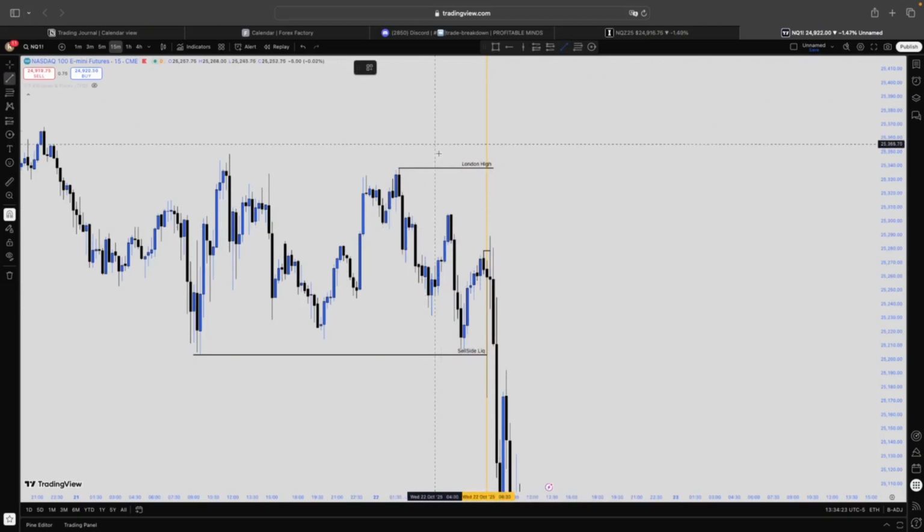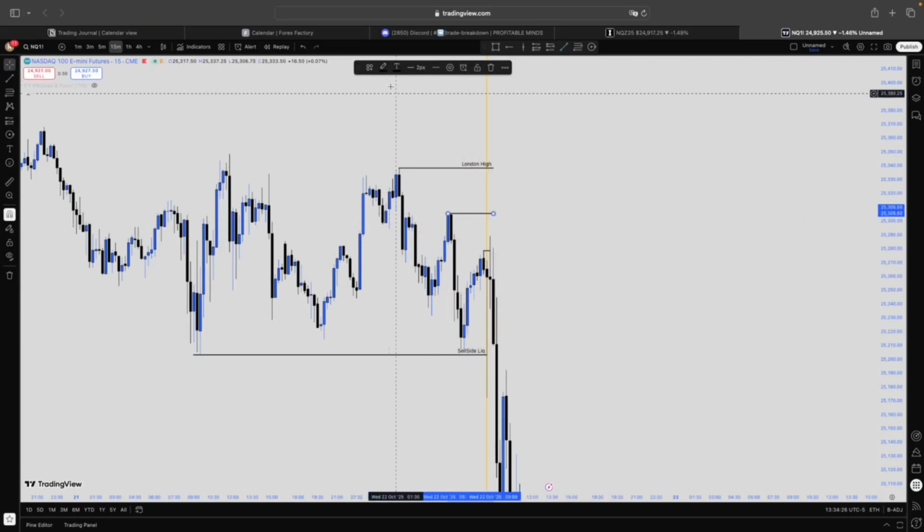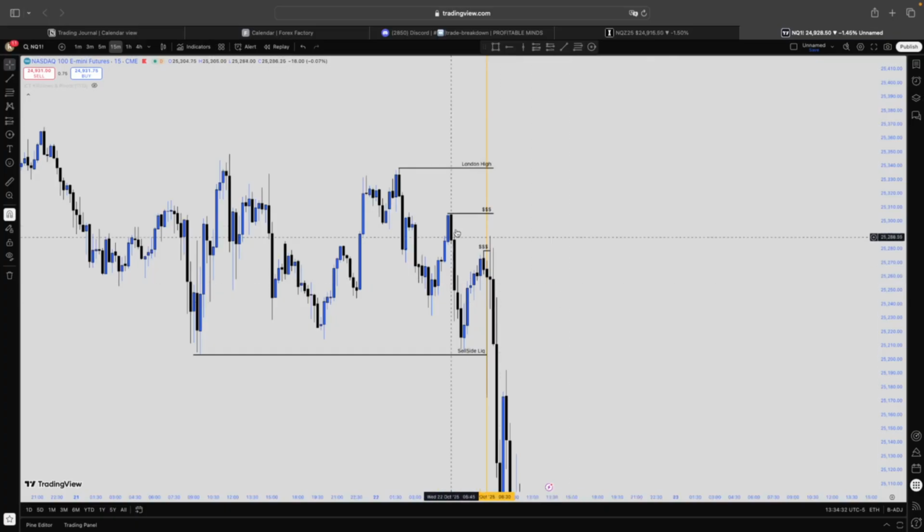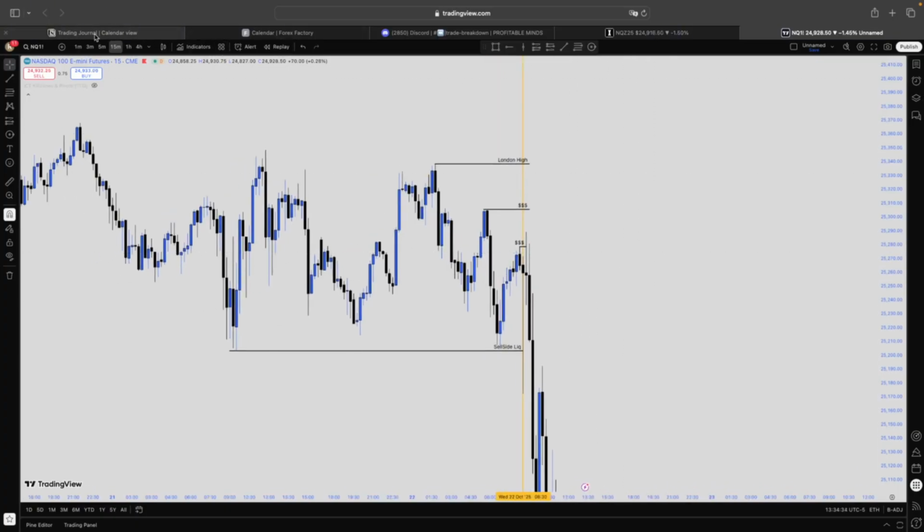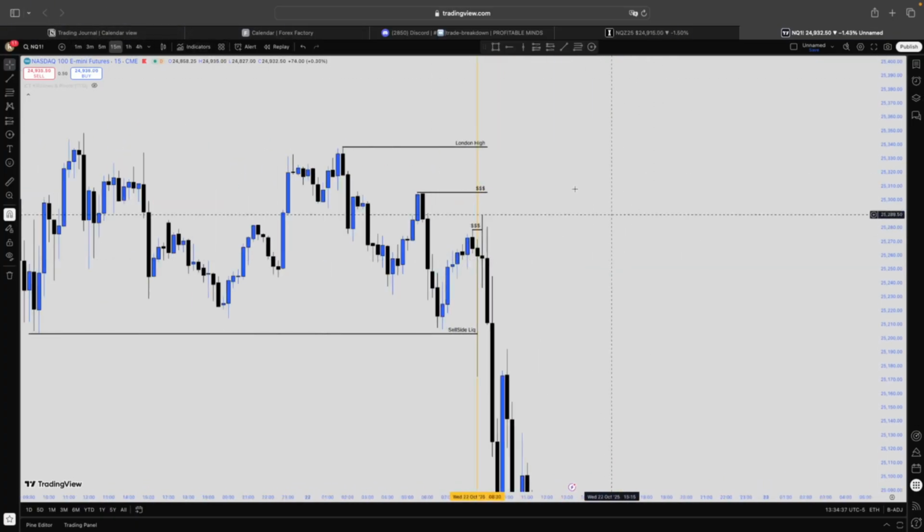That's why London high is my main target, but we have this internal right here, and this internal right here. So these are all internal liquidity, or whatever you want to call it. Low resistance, internal, same thing. But that's what I mean when I say those things.